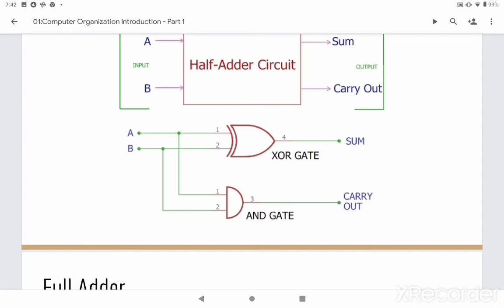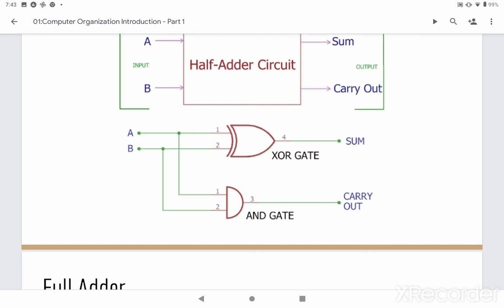Then we have the diagram here. A and B. We are inputting the values here, and the first gate is the XOR gate. In this XOR gate, if you are using any one value as 1, then you get the output as 1. Just imagine that I am giving A and B as 0, output will be 0.